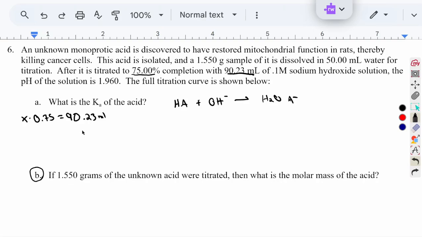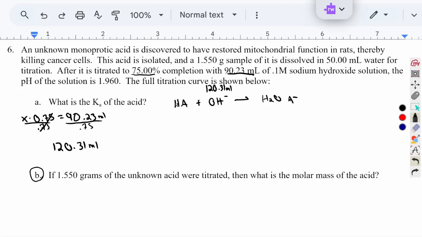And so here now it's really clear 100% would be to divide both sides by 0.75. And we're going to get 120.31 milliliters. So what I'm saying here is it would take 120.31 milliliters of base to completely neutralize everything here.